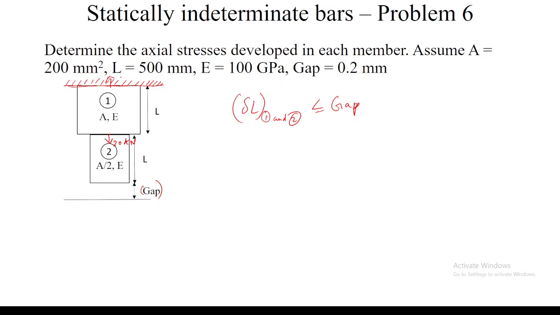There will be a reaction, which I am naming A, and this point I am naming B. If delta L of this composite bar is less than the gap, then what will happen to this reaction force? What will be the value of the reaction force? 20 kilonewton.